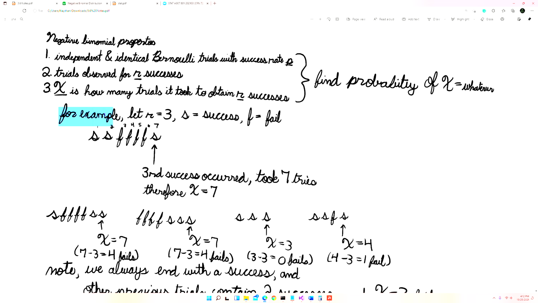So this is our example where r equals 3, and S are successes and F are failures. Our goal with all of these things is to find the probability of X, and X can be whatever, so it's another input that we have here. Let me state this as a problem.